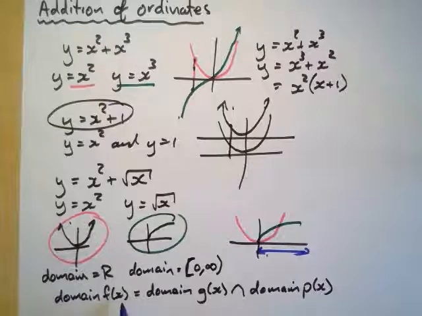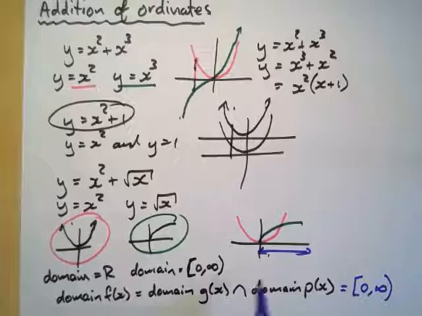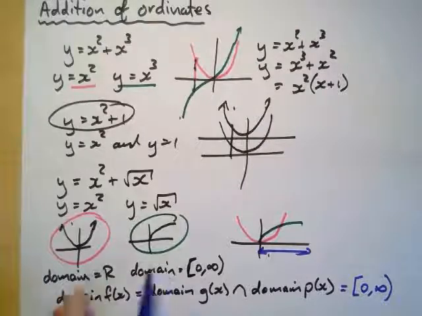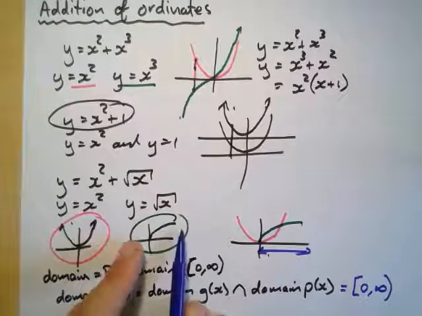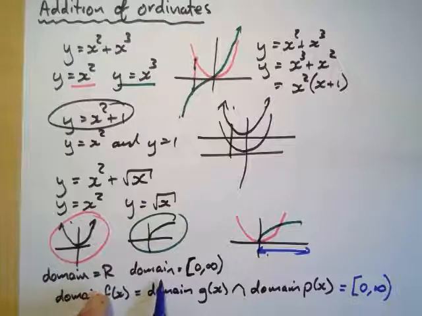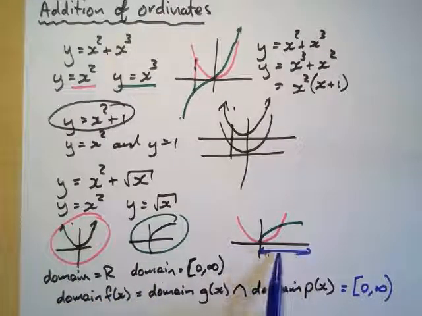So the domain of f(x) will be only from 0, including 0, to infinity, because that's the only place where both of them exist. So you need to understand where each graph exists in terms of domain, and only where both of them exist can I draw the graph.